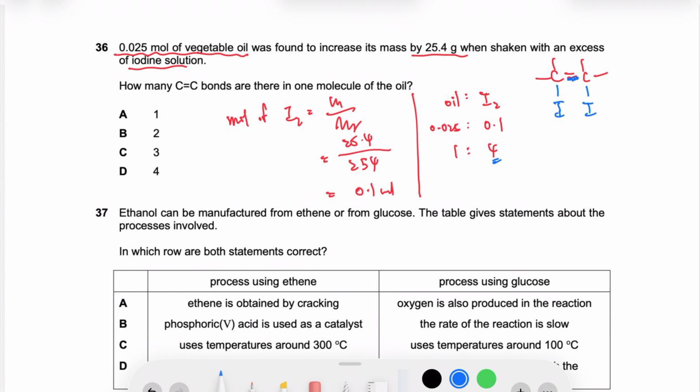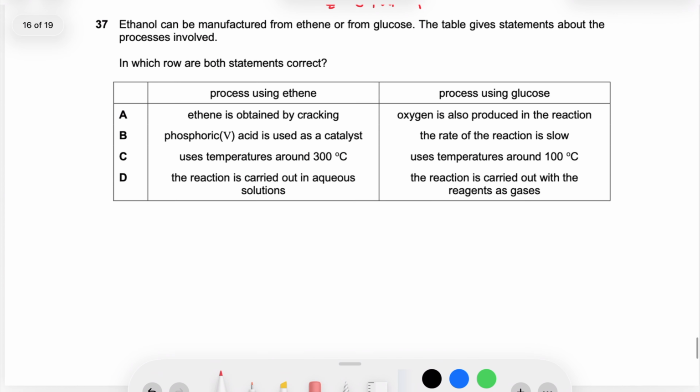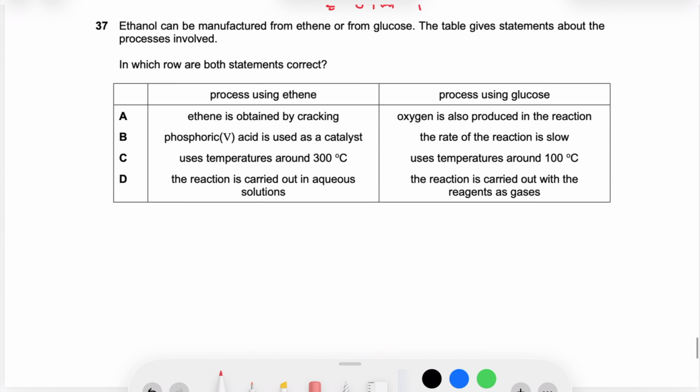Since you have 4 here, 4 iodine molecules means it has 4 C=C double bonds. So answer will be D. Next one, 37. Ethanol can be manufactured from ethene or glucose. From ethene will be hydration. From glucose will be fermentation.